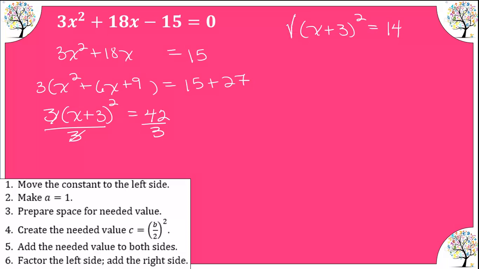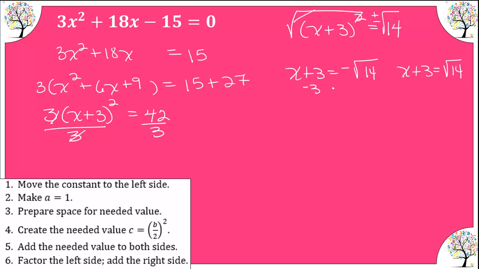We're going to take the square root of both sides. We have a negative root, and 14 cannot simplify any further than what it is. So we have negative radical 14, and we have positive radical 14.